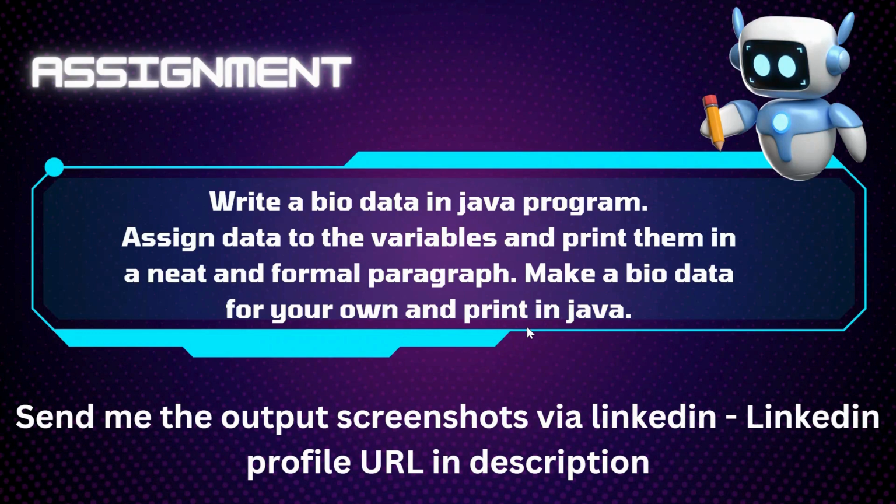You can initialize your name, college name, school name, or your age in variables and display it like, hello, I am dash, and I have studied in this college. My age is this. In the fields, instead of dashes, you can print the variable name. So just make a biodata and display it in Java.